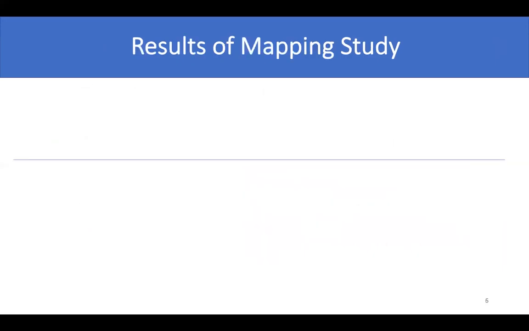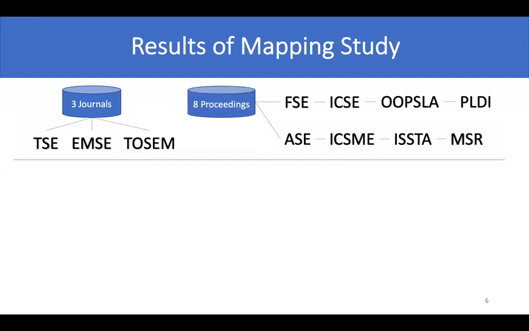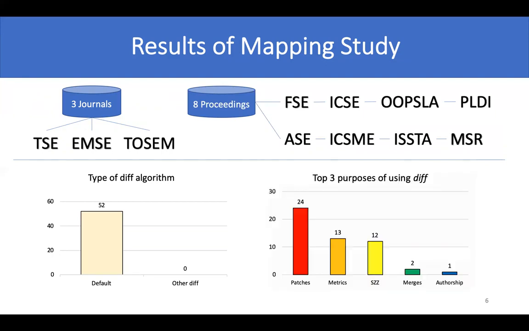For the systematic mapping, we collect from 3 high-ranking journals and 8 top international conference proceedings that were published from 2013 to 2017. Out of 3,057 papers, we mapped 52 selected papers to understand which diff algorithm is used in previous studies and the purpose of mining Git repositories.